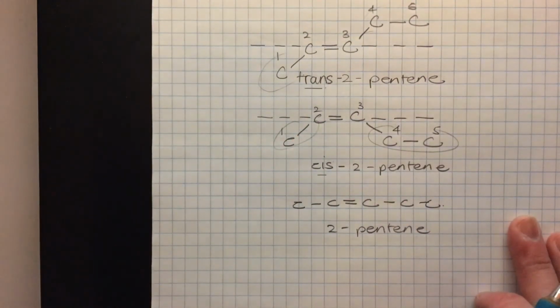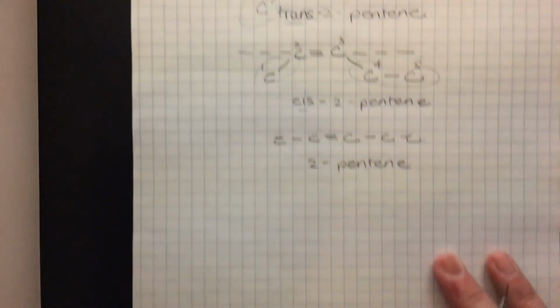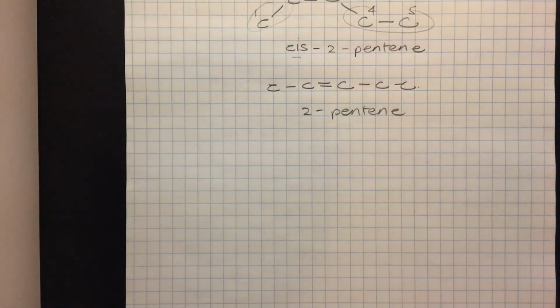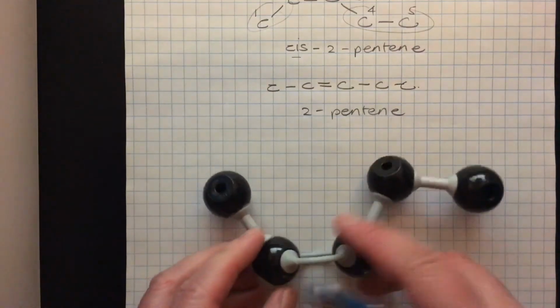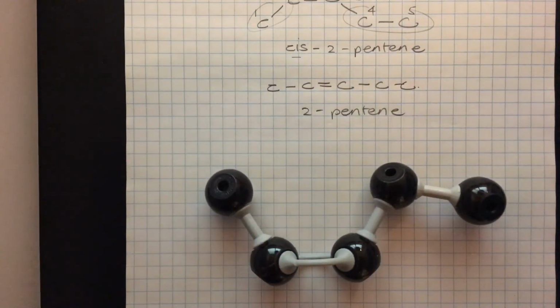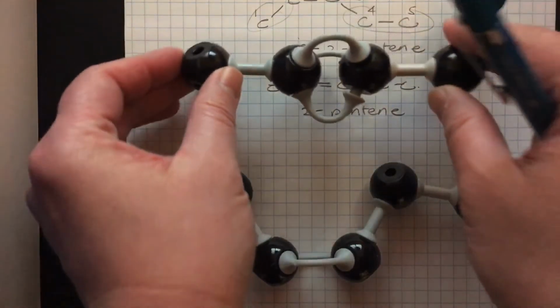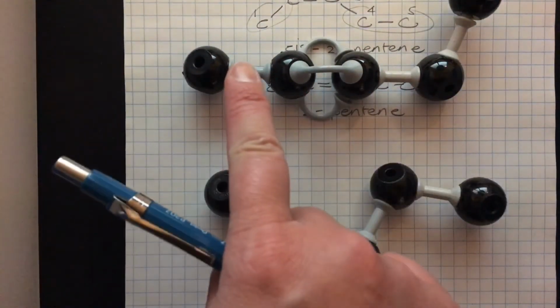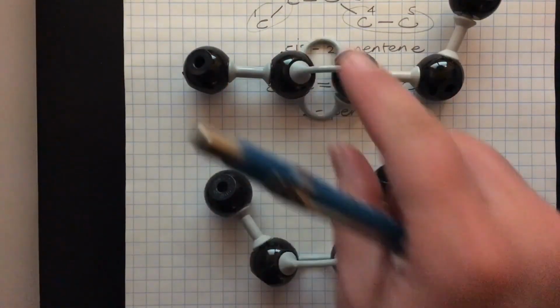Now, your final question will be, do we have to do this for the alkynes? And the answer is no. If I was to show you this molecule right here with the double bond, and then this molecule right here with the triple bond, you'll see that this molecule is completely straight across.